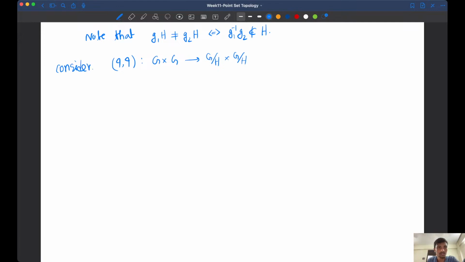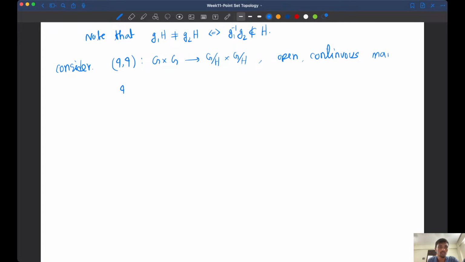So this is an open continuous map, because Q is open and continuous, so the product of those things is again open and continuous. So this is open, continuous, and surjective also.